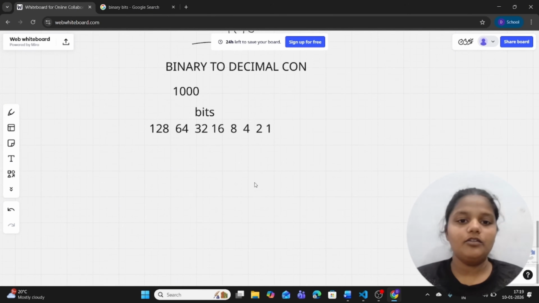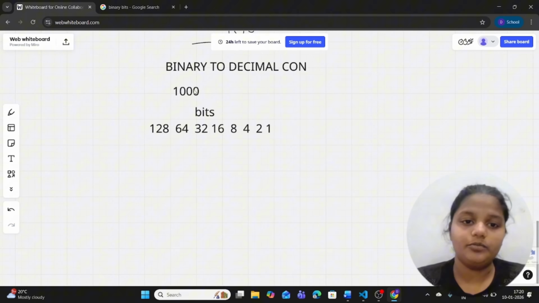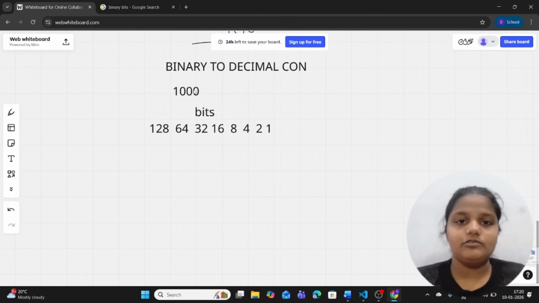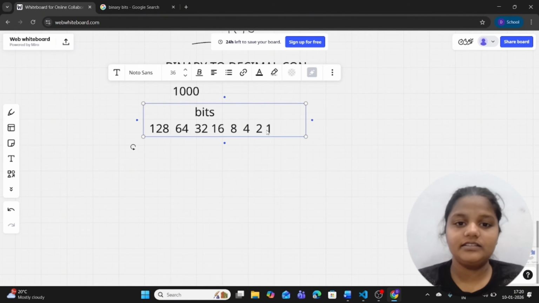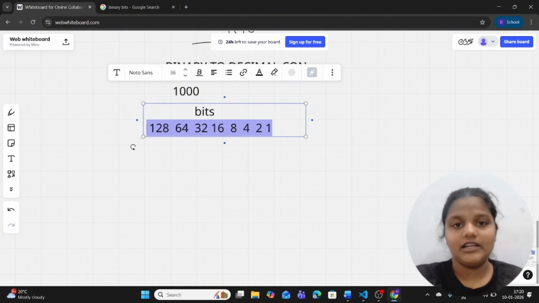So how are we going to convert this binary to decimal number? So we have our output value is 1000, right? So in binary we have these bits, that is, 8 bits a binary number has, right? So you should remember these bits.